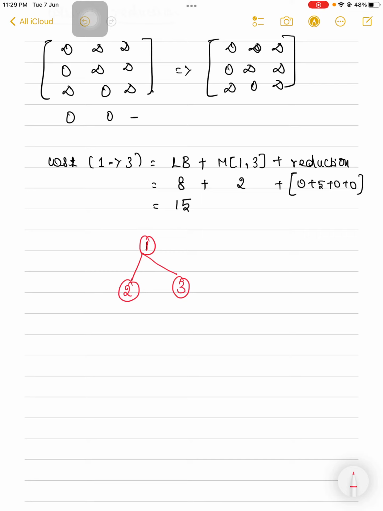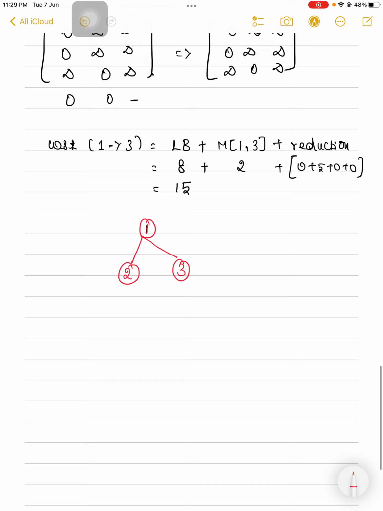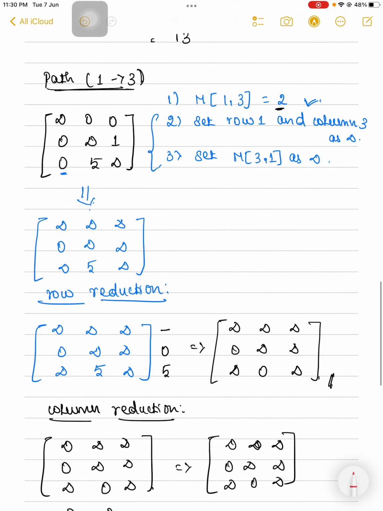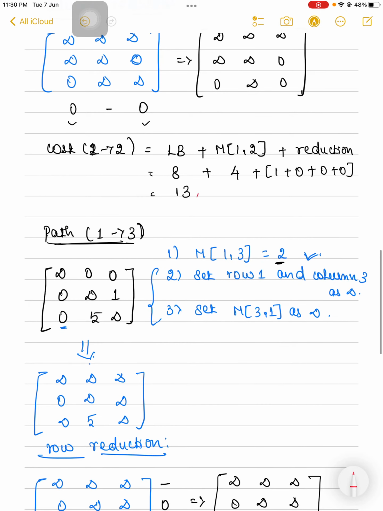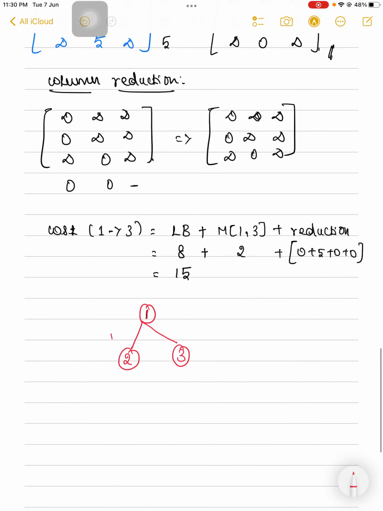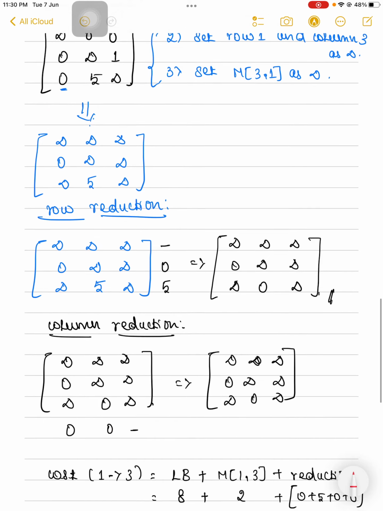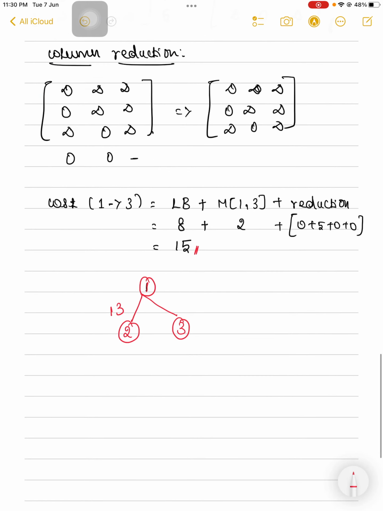For that, we just performed some steps for calculating the lower bound for the path 1 to 2 as well as for 1 to 3. So for path 1 to 2, we got the lower bound value as 13, and for the path 1 to 3, we got the lower bound value as 15, right? So when you compare these two, the vertex 2 has the least lower bound value.